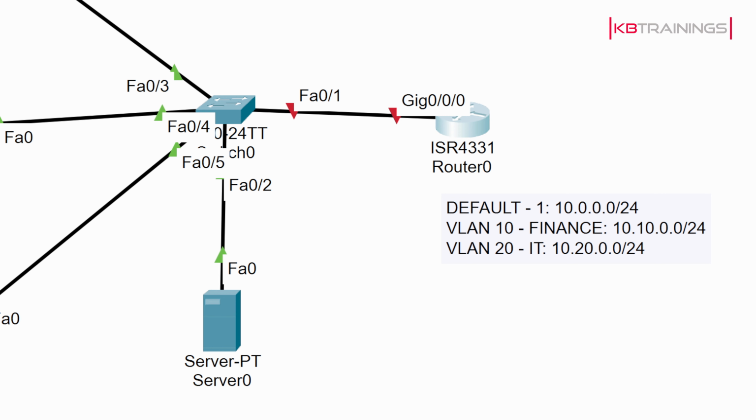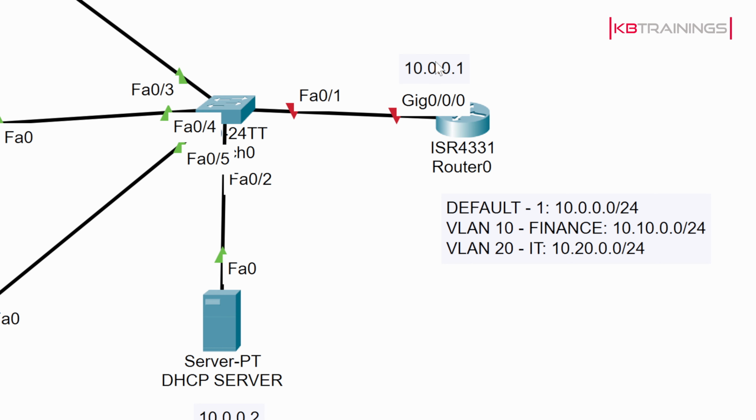If we stay in the default VLAN, this is going to be the network 10.0.0.0, with 10.0.0.1 for the router. And then the server will be 10.0.0.2. All these other devices can have their own IPs that they will get from the DHCP server. So that's good. Actually, I can change the name and call this DHCP server.